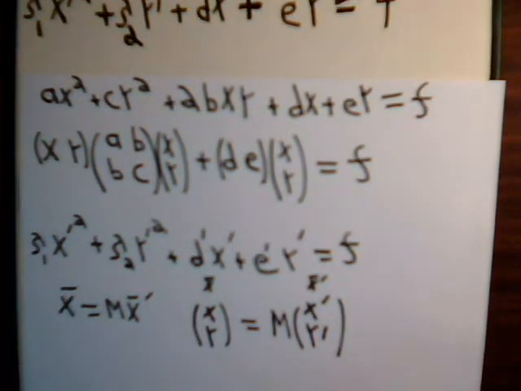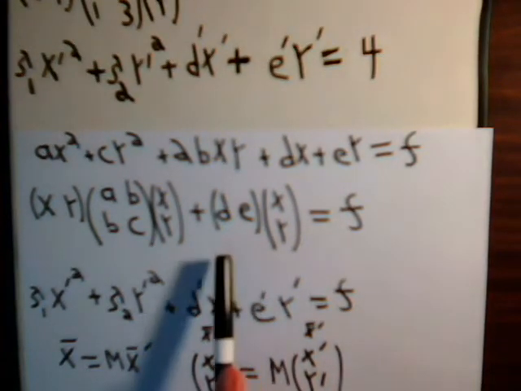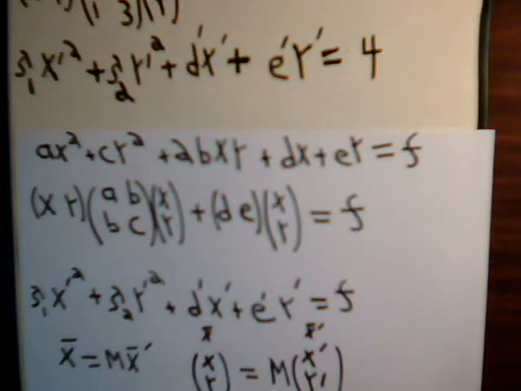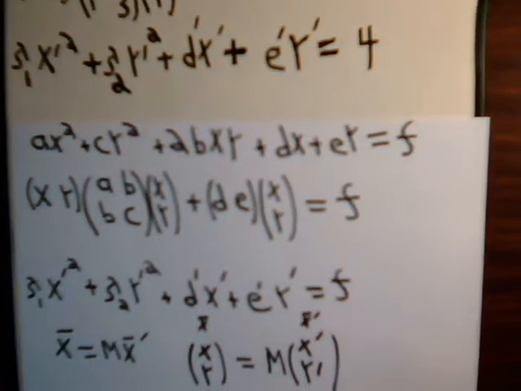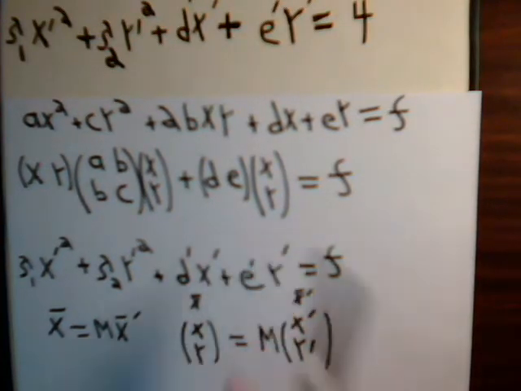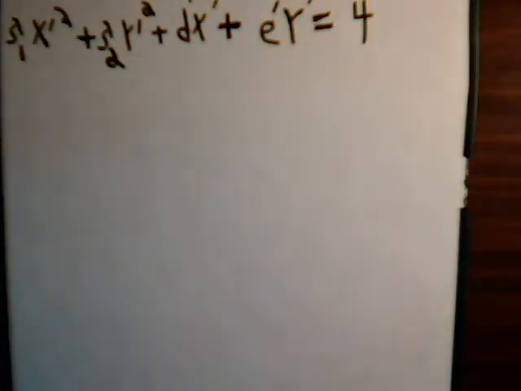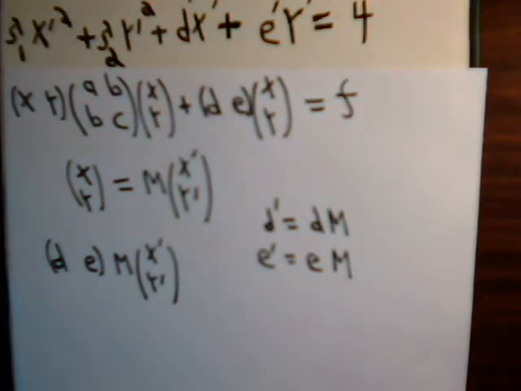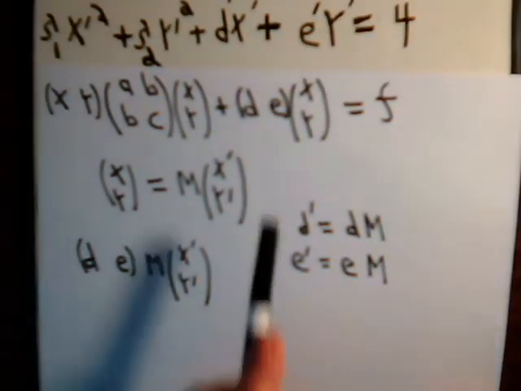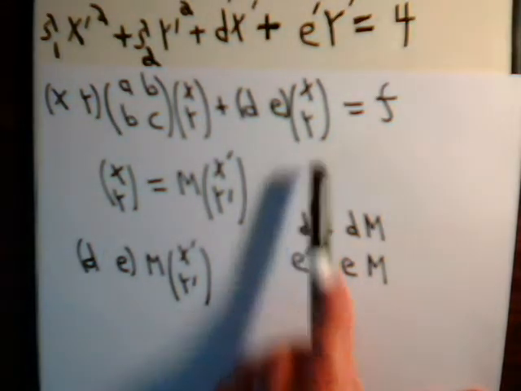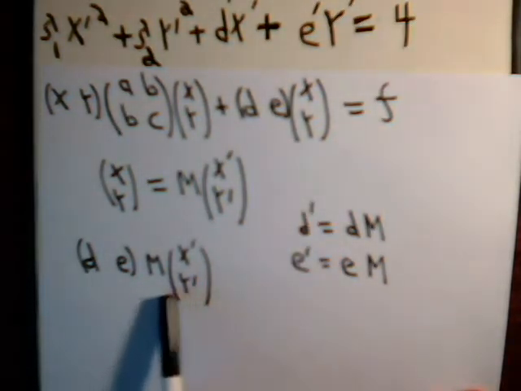So here we had this. Now this is replaced with this. This replaces this. So then we will have D E times this, which is this.